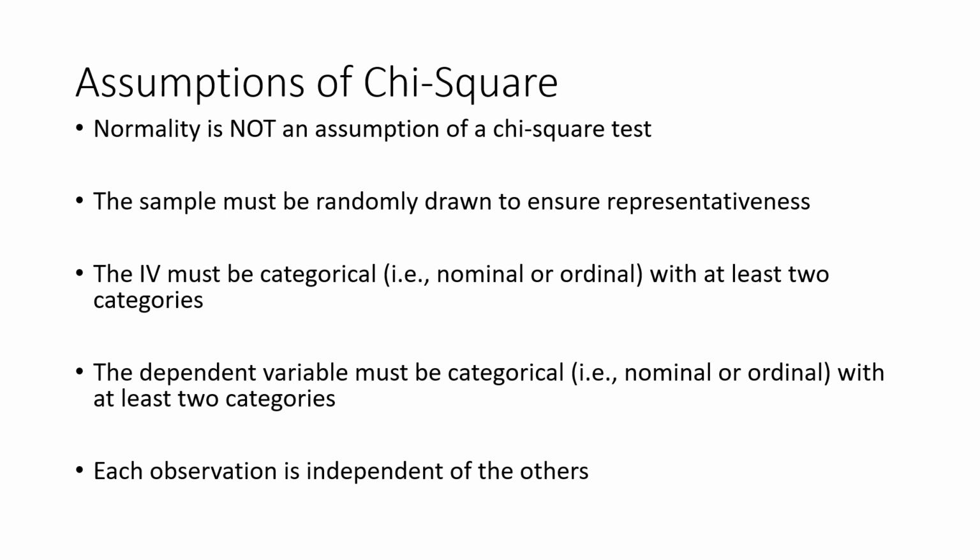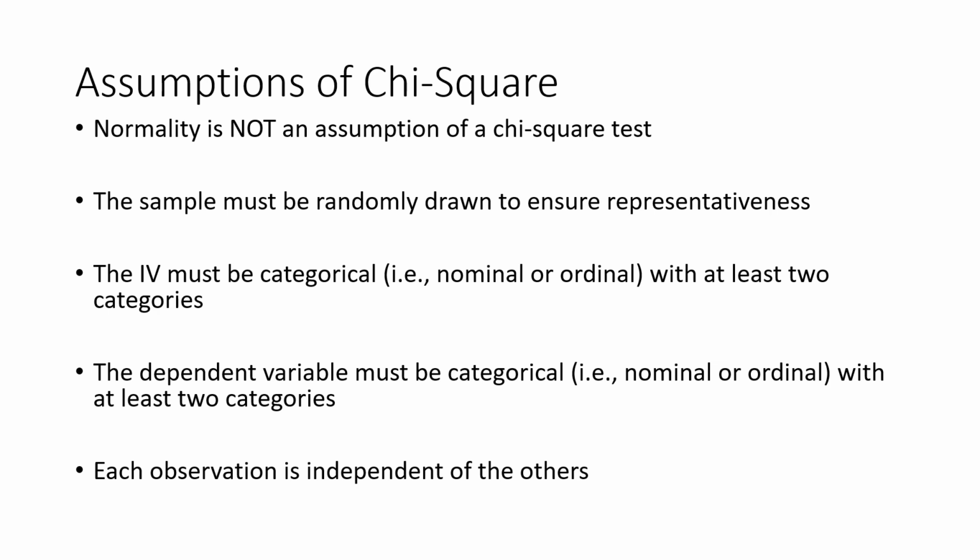But as with the other statistical tests that we've looked at so far in this class, it's important that the sample is randomly drawn. The reason is that randomly drawn samples tend to look and behave more like the population than non-randomly drawn samples, which tend to be more biased.